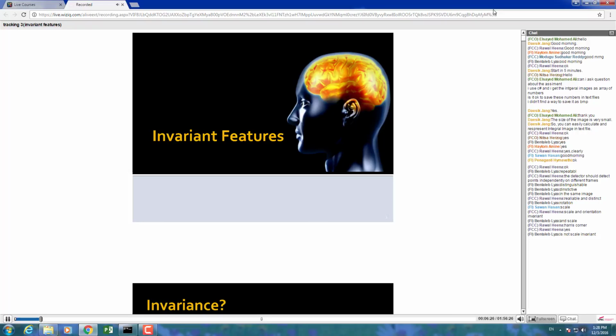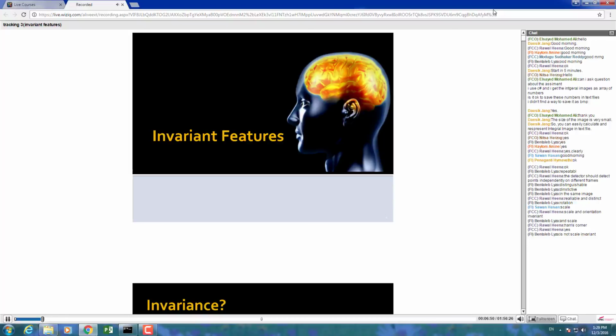So Harris corner features are orientation invariant. It means even when the image is rotated, we can still find the same feature and still calculate very similar descriptors, not exactly the same. But when the scale changes, it is not easy to do that. So in that sense, it is not scale invariant.